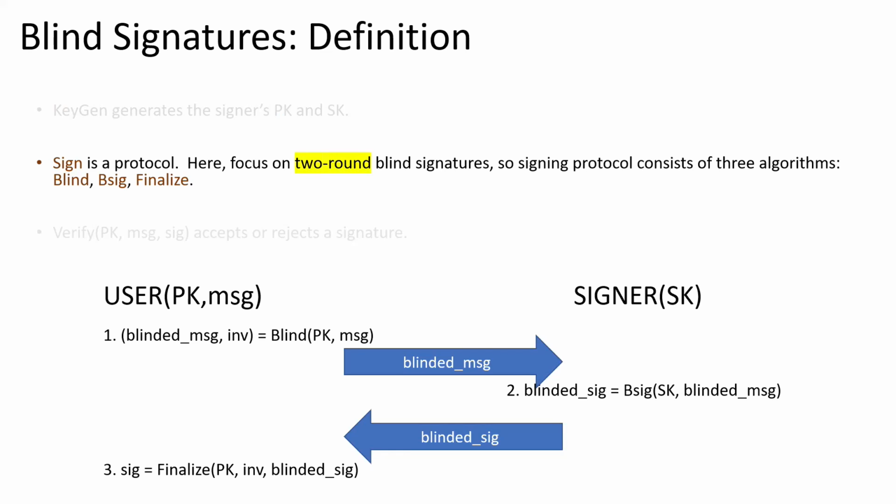It's a protocol that consists of three algorithms. The Blind algorithm, where the user generates a message to the signer. The BSig algorithm, where the signer produces an initial something that looks like a signature. And then the Finalize algorithm, where the user extracts the signature from the signer's answer.